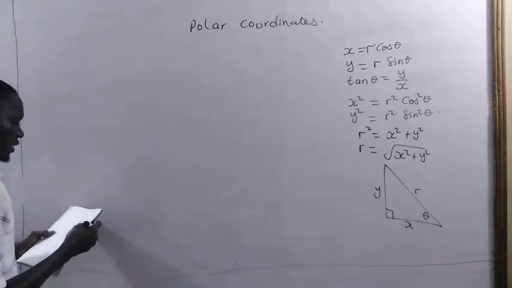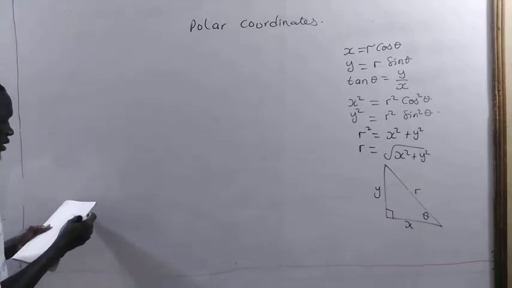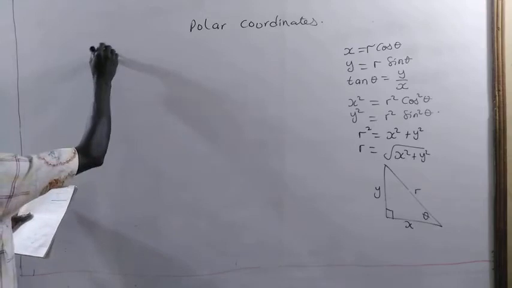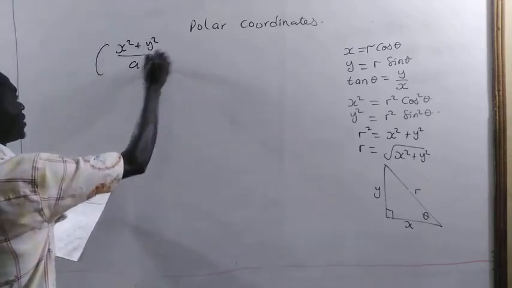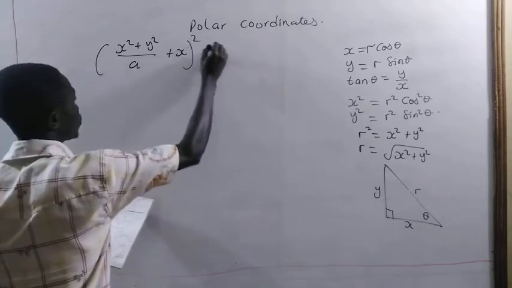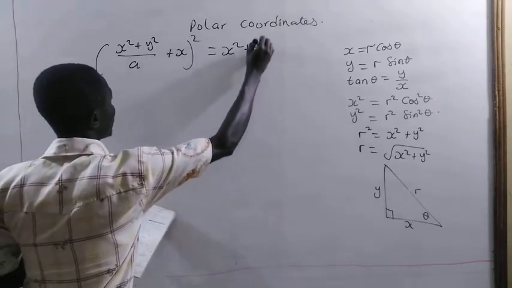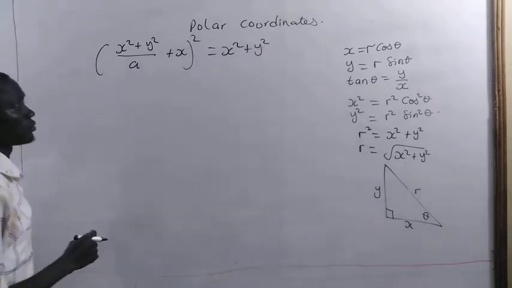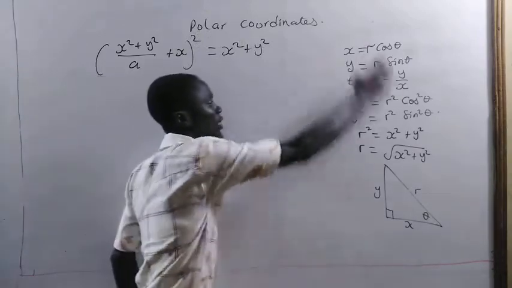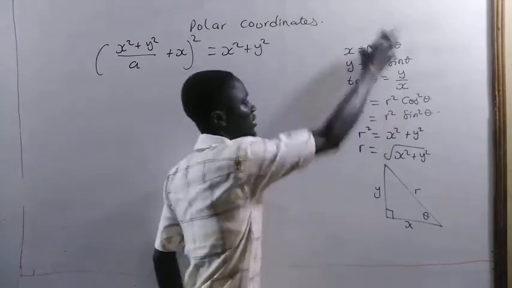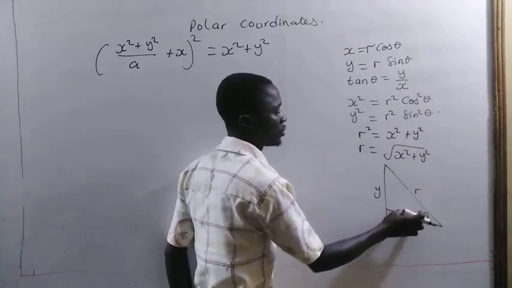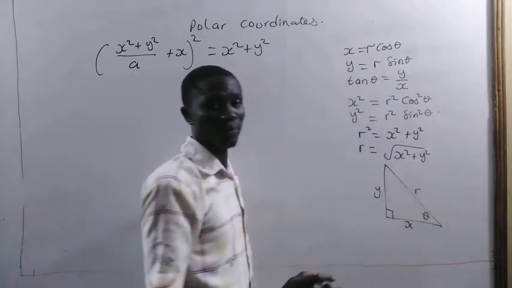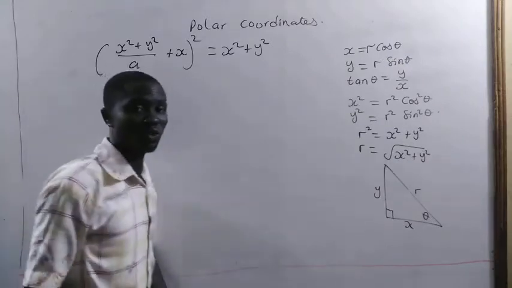How do we change this Cartesian equation into a polar equation? We have x squared plus y squared divided by a plus x, all squared, equal to x squared plus y squared. Now, these are what you have to remember. Just take this one down, and whatever you get, you use this to get these parameters and then fix them straightforward.